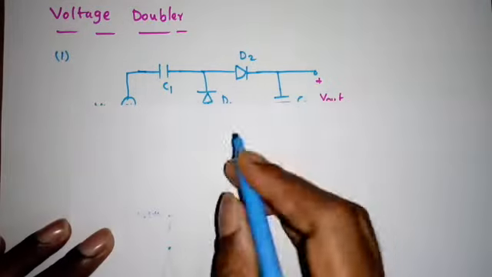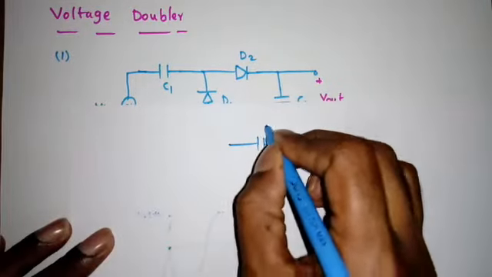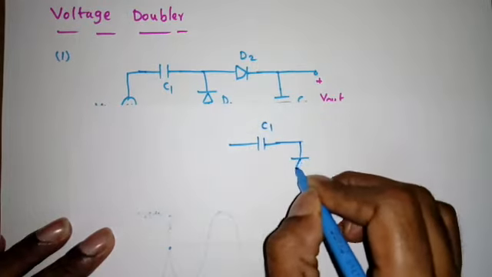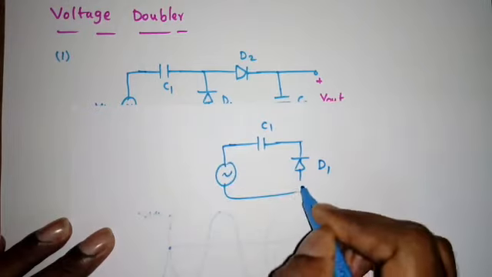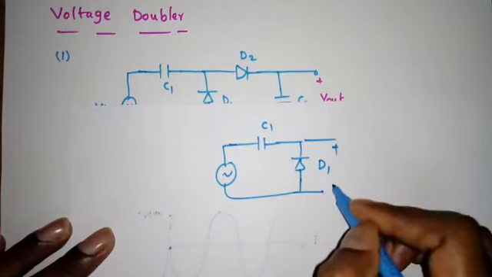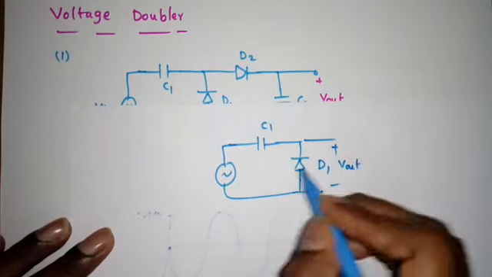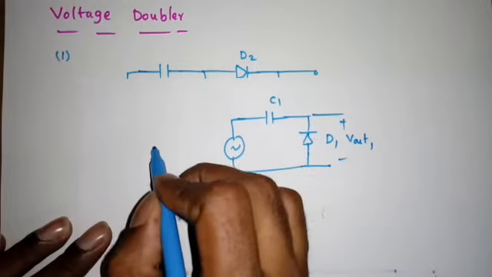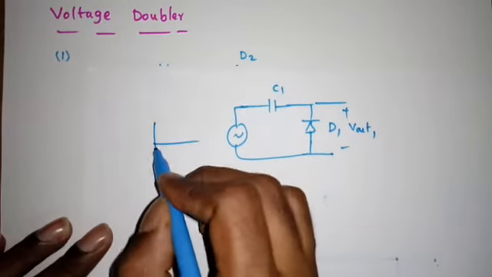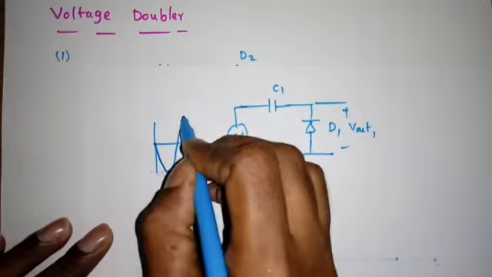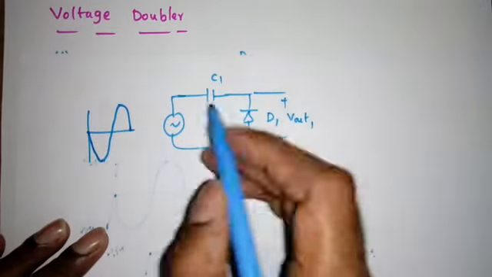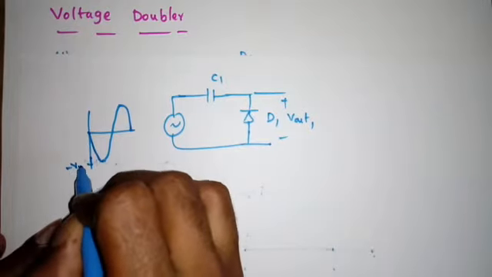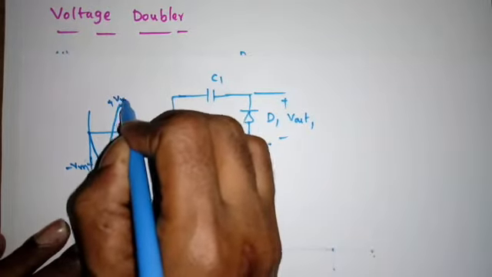So something like this. This is the capacitor C1. This is the D1. Suppose I find the output voltage here, Vout1, and I am giving the input starting from the negative half cycle, so what is the output waveform we will get? This is from minus Vm to plus Vm.